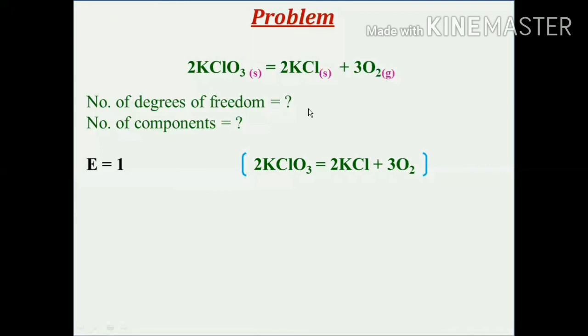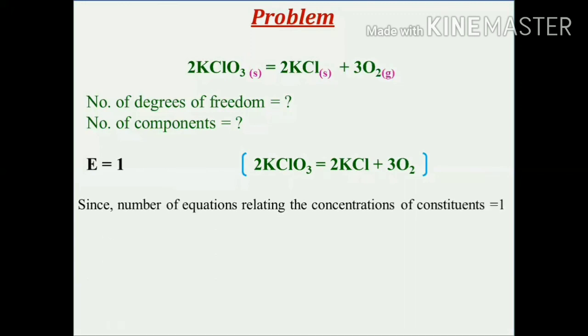Now since no mention of that sort is given in the question, this question is very straightforward and simple: this is the only equation which can represent the entire system given to us. So the value of E comes out to be 1. I hope this is clear to you very well. Since the number of equations related to the concentrations of constituents is 1, the value of E is equal to 1.